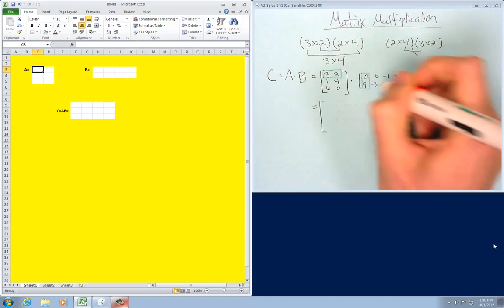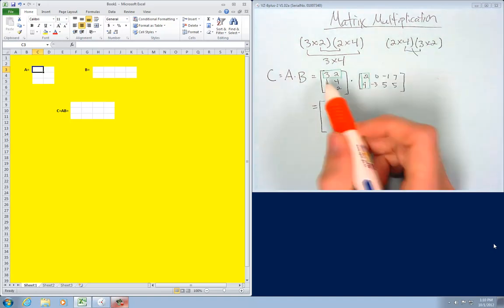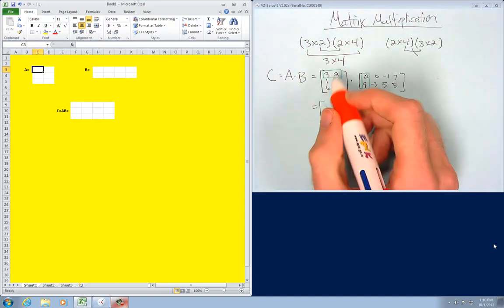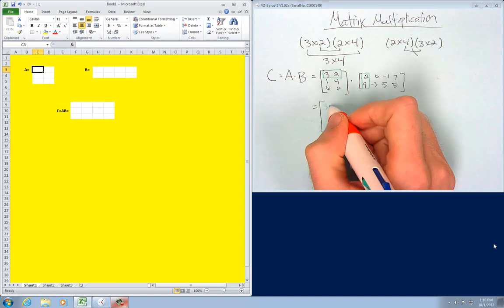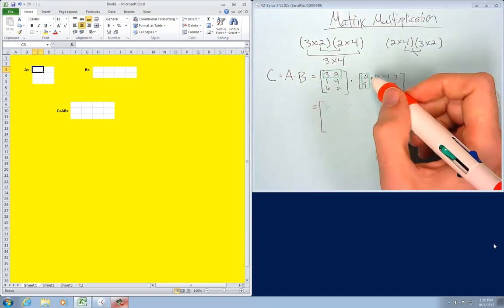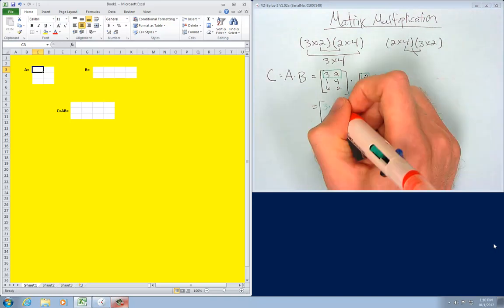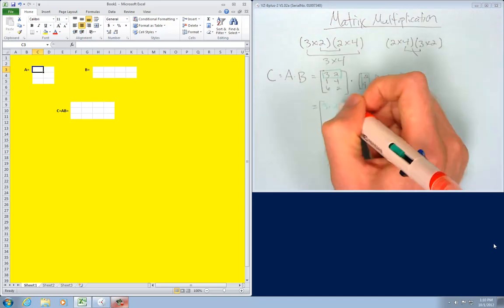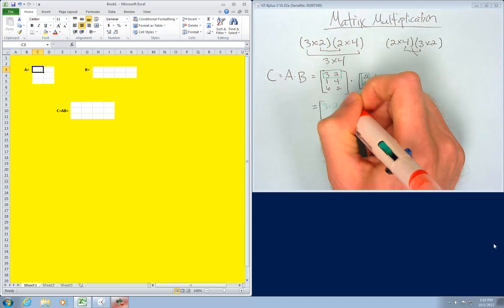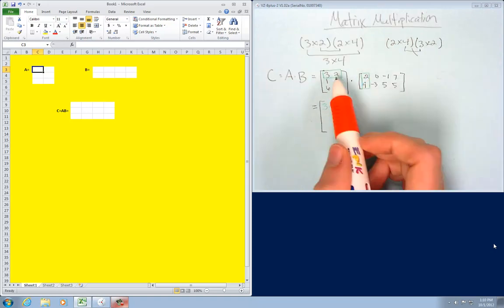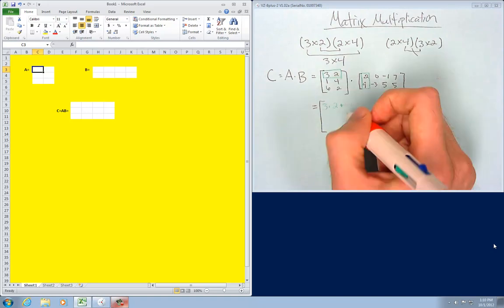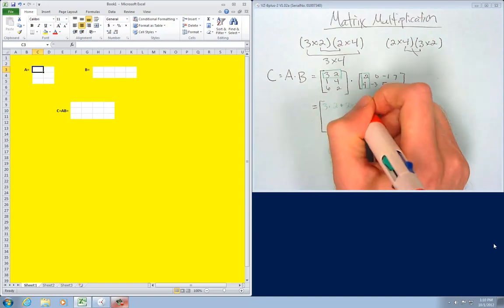So you take your first number, 3, and you multiply that by the first number in the first column of the second matrix. So 3 by 2. And you are going to add that with the second number in the first row times the second number in the first column, so 2 times 9.